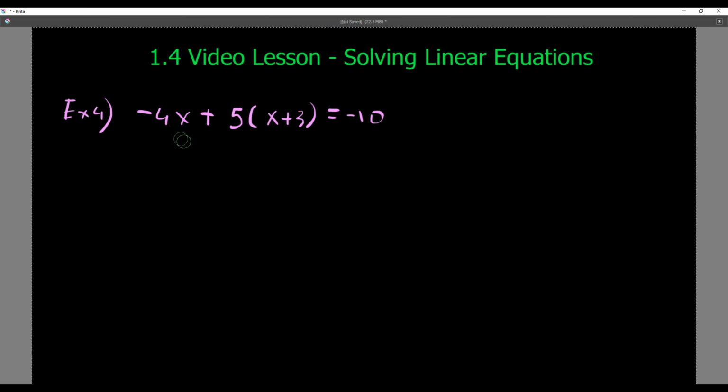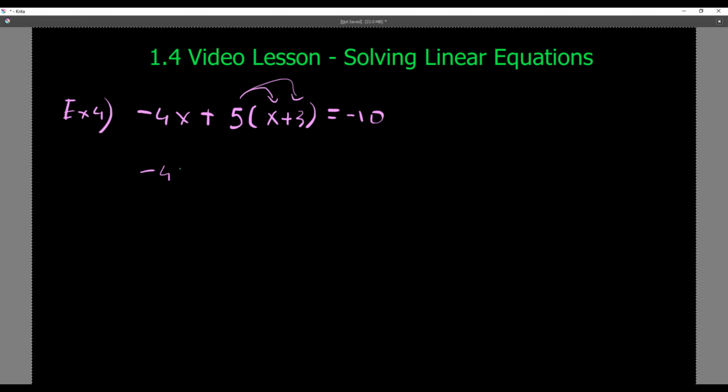All right, so here I have my x's on the same side. I don't have to move anything to the other side. What I want to do is combine this x with this x. But again, this x is stuck inside parentheses and then multiplied by the 5. So I have to get rid of this 5 here first before I can combine that with this x. So what I would have to do is multiply it in.